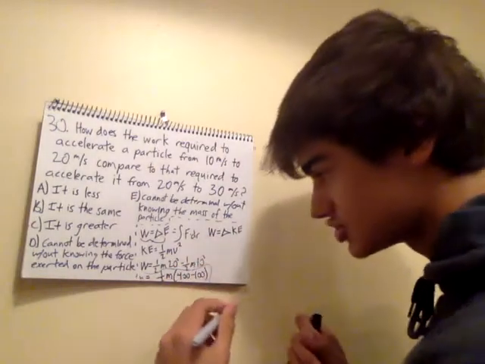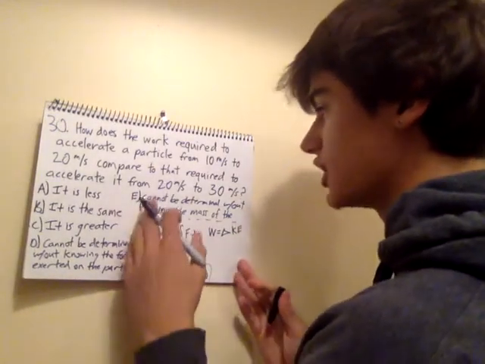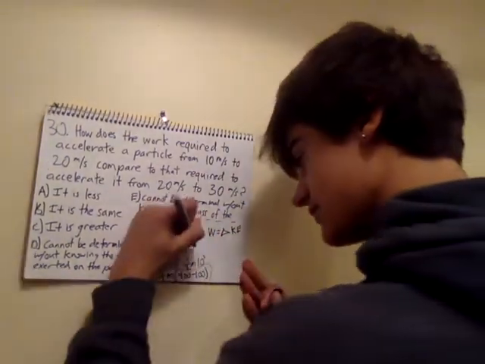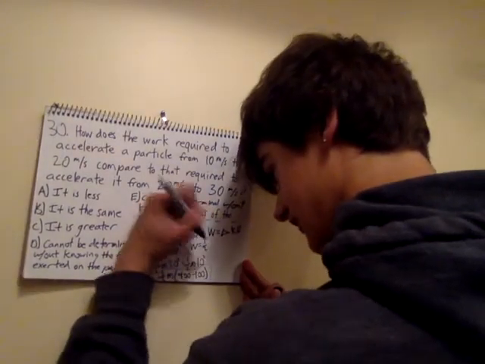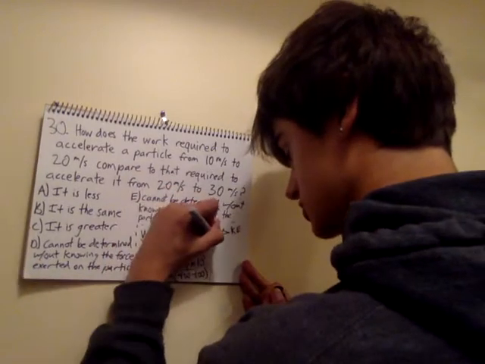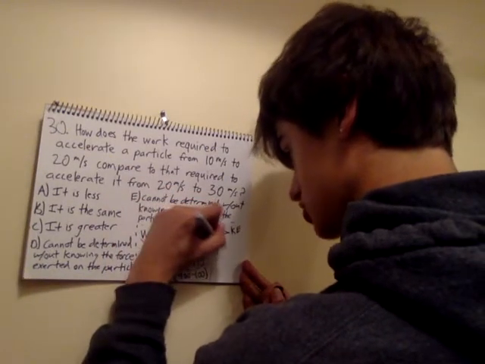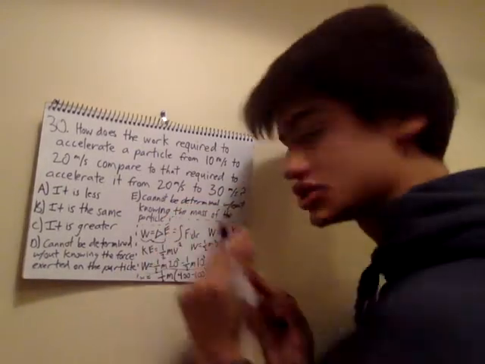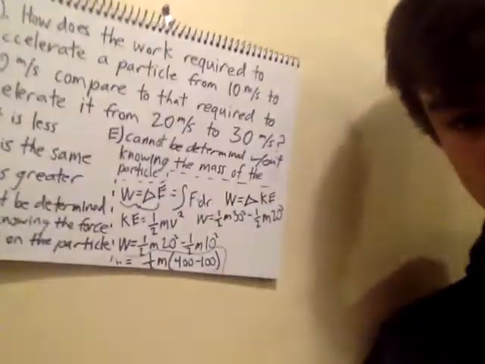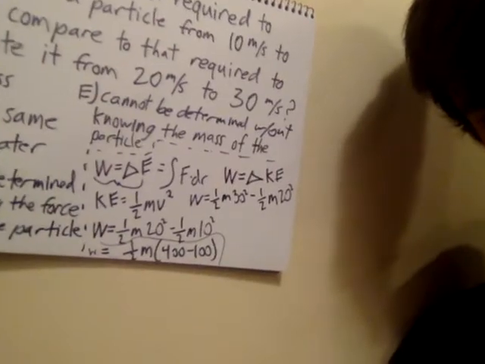So now let's jump into solving the work required to accelerate it from 20 to 30. Work is equal to 1/2 m times 30 squared minus 1/2 m times 20 squared. Let's zoom in right quick so you can see this.